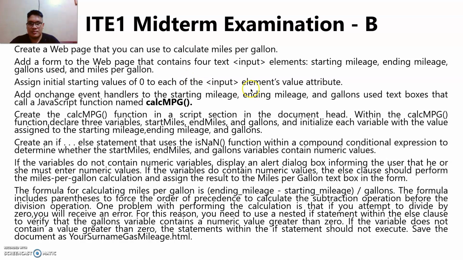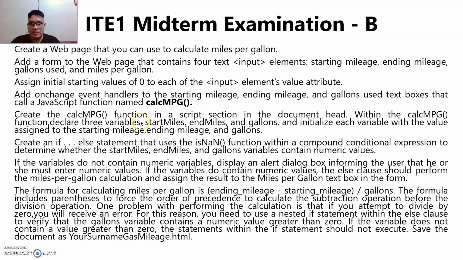We also need to add an onchange event on the script part, and add a JavaScript function called calcMPG, miles per gallon. To create that, I need to create the calcMPG function in the script section.